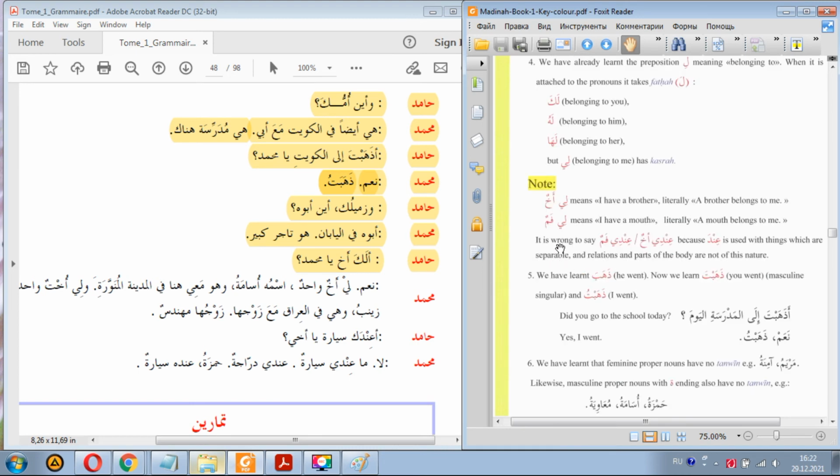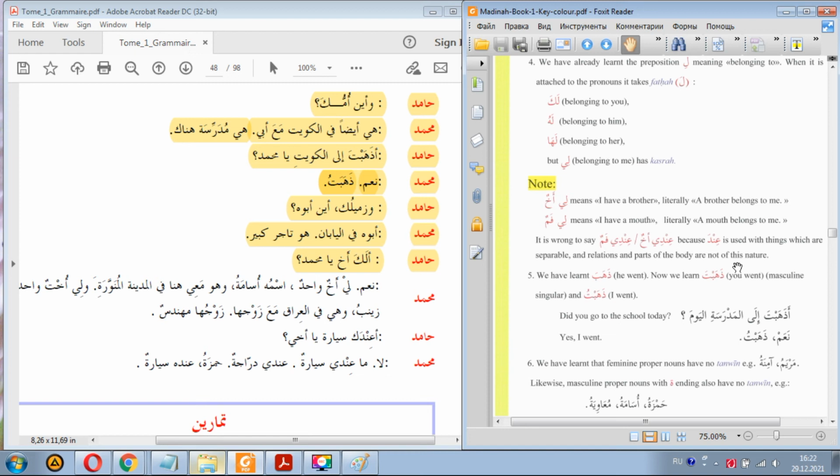But it's wrong to say عندي famun or عندي akhun, because عند is used with things which are separable, and relations and parts of the body are not of this nature. Yeah, this is a feature of the Arabic language. In English, there is no such feature.